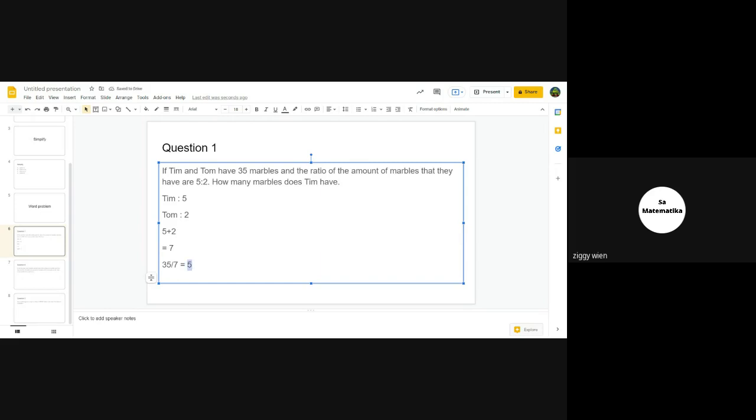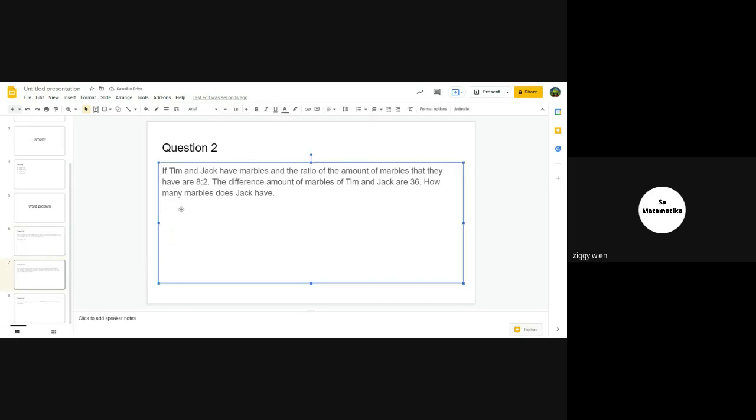So this 5 is 1 unit of 5 to 2. So if we want to find how many Tim has, we can just do 5 times 5, which is 25.